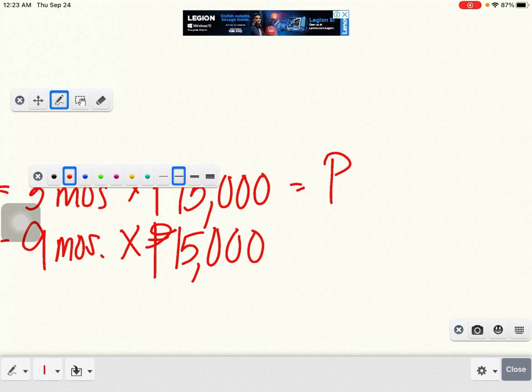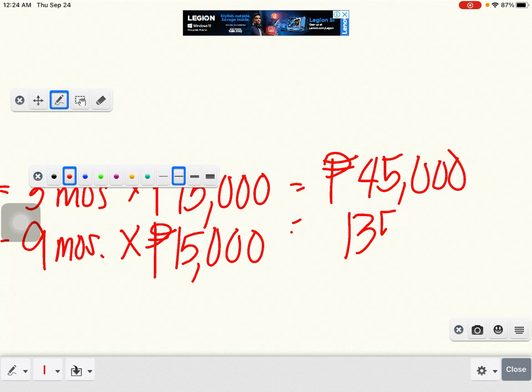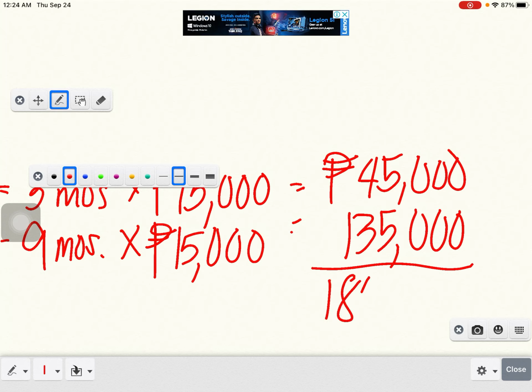Yes, it's 45,000. So this is the income portion. And 9 times 15, that is 135. So double check if it is equal to 180. So 135 plus 45, that is a total of 180,000.